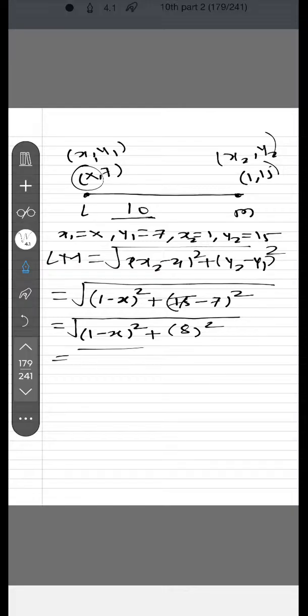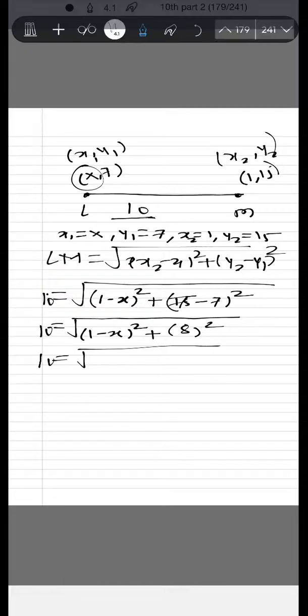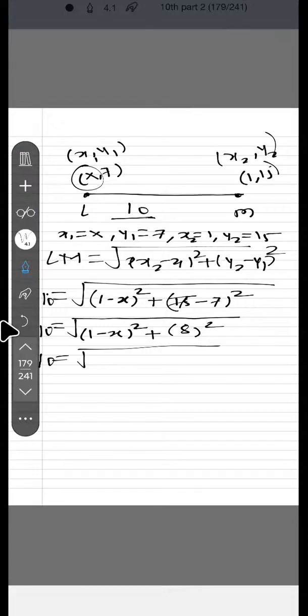The distance is already given, which is 10. So 10 equals the square root of (1 minus x) square plus 8 square.